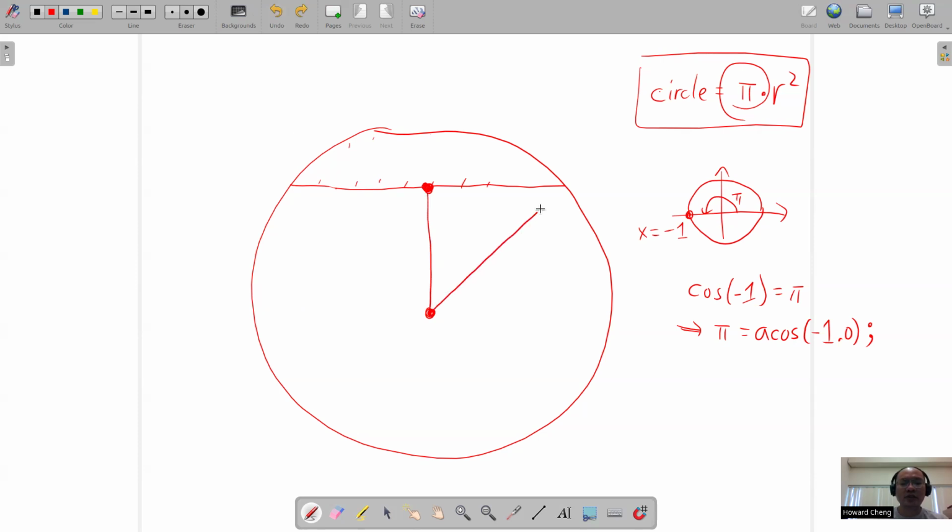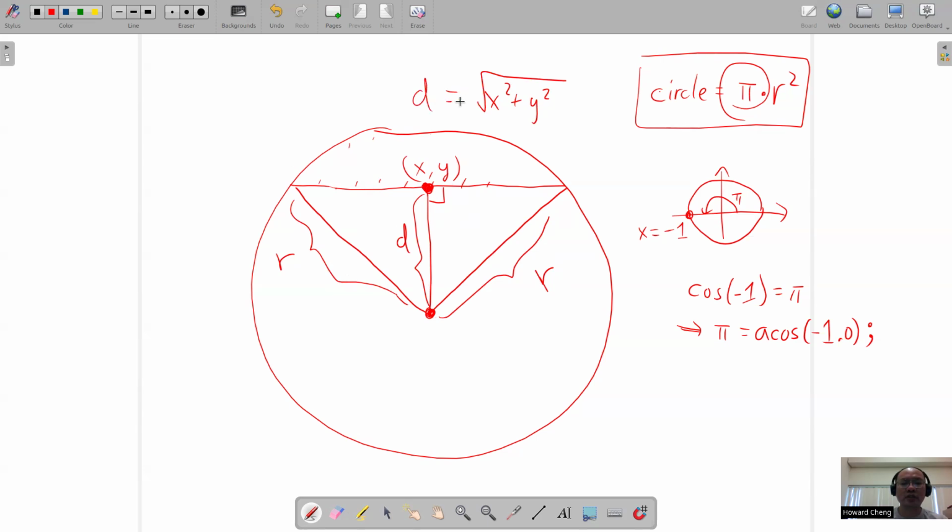The easiest thing to do is to draw a triangle like this, a wedge. We know that these are the radius of the circle, so they all are. We know what this distance is because we know x and y. So this distance, if you want to call it, is the square root of x squared plus y squared.